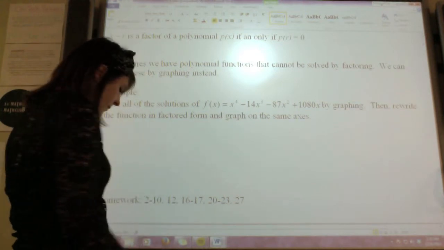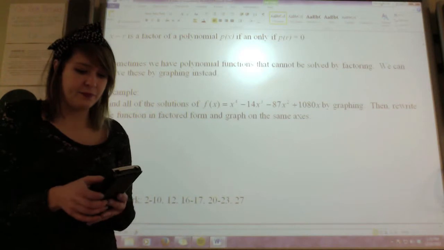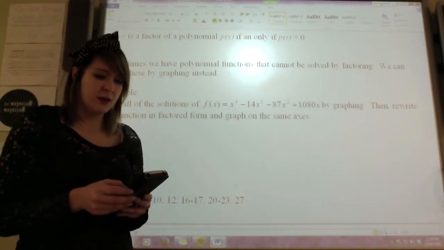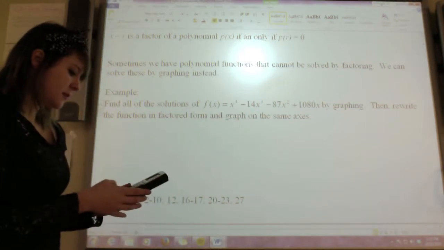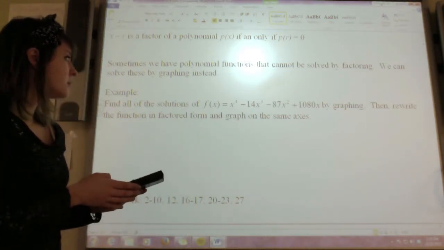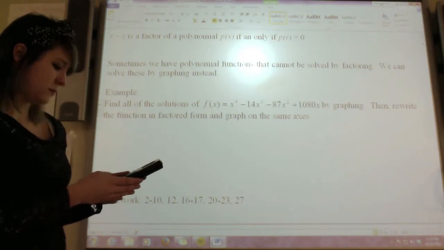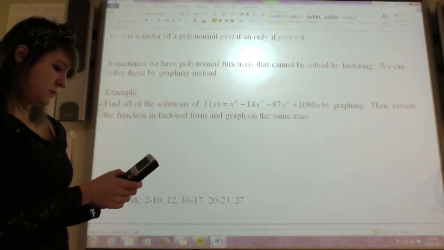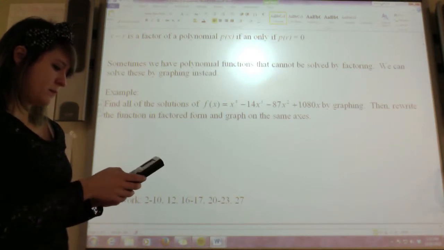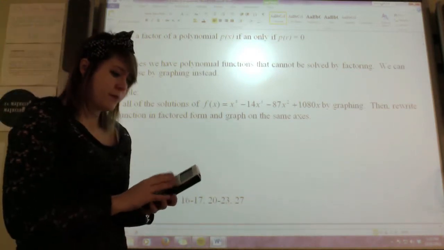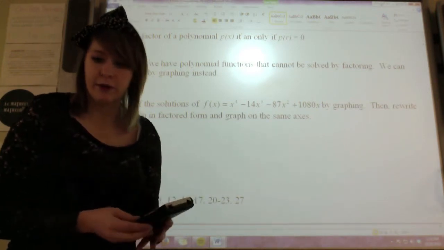Okay, so if I want to do this by graphing, the first thing I'm going to do is graph this on my calculator. So on my calculator, I'm going to go into my y1. I'm going to type in this equation. Okay, so I've got it typed into my Y1 now, and I'm going to change my window.